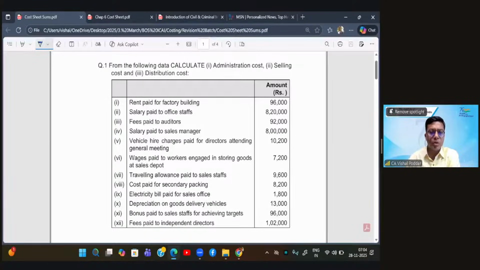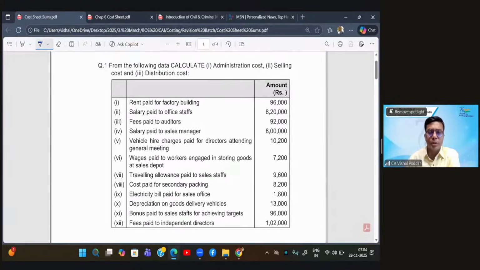Basically, cost sheet is a report which provides a detailed outlook about how the cost of any product, goods or service has been determined, what the various components are, and what the interlinkage between the components is.